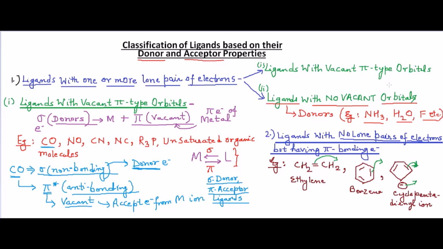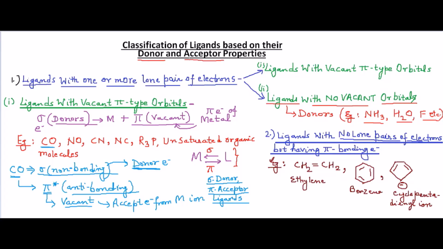Okay, so these are a few examples of the categories of ligands based on the donor and acceptor properties. So basically ligands are donors, but they can act as acceptors only when they have an empty pi orbital which can accept an electron from the metal ion.